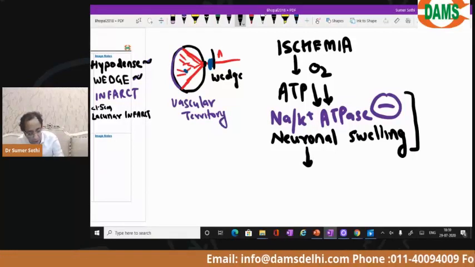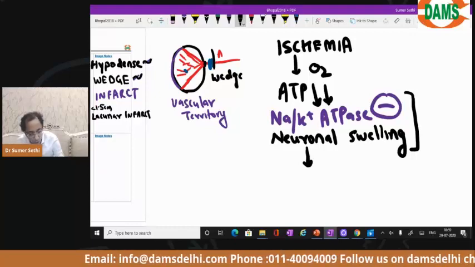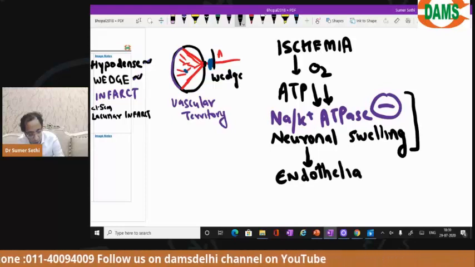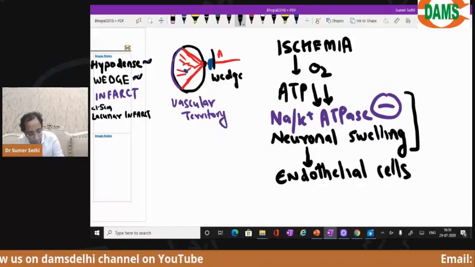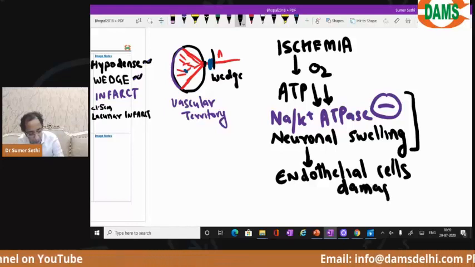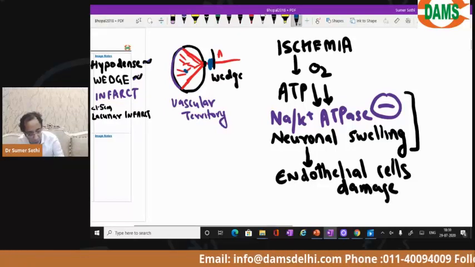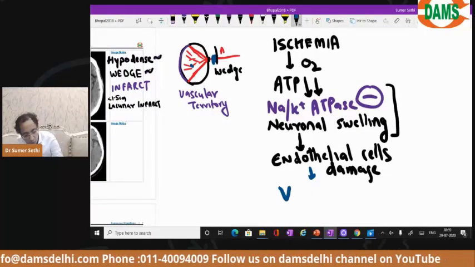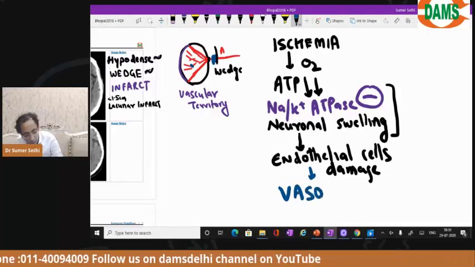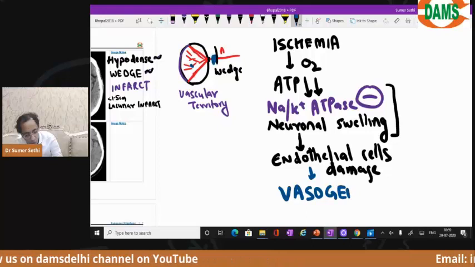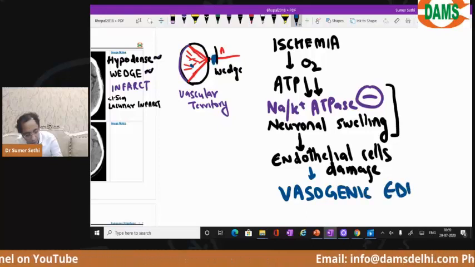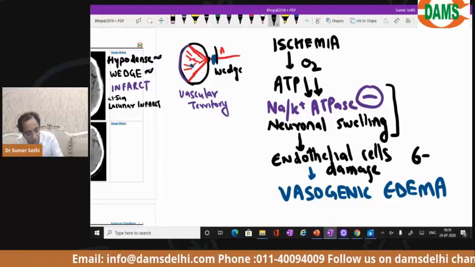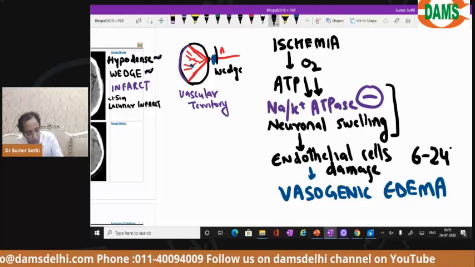What happens is, after the neurons are dead and swollen, later on, even the capillary endothelial cells start to die. When the capillary endothelial cells die because of ischemia, the water from the capillary starts to leak. So capillaries are leaking, vessels are leaking, we will say vasogenic edema. And this vasogenic edema happens after 6 to 24 hours.